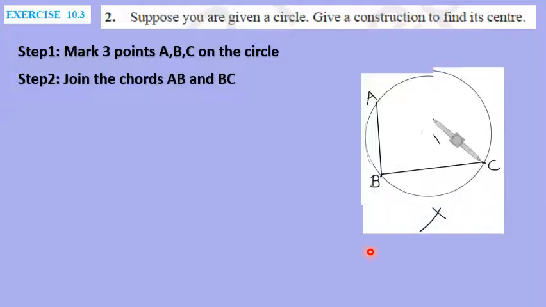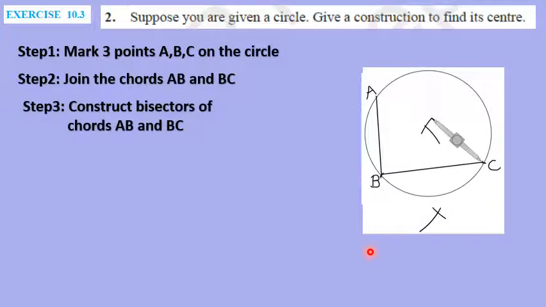Next, we need to construct bisectors of these two chords. So how will we construct a bisector? In the compass, take more than half of this length and cut an arc here and here from both the points without changing the measure of the compass, and you will get the meeting points.